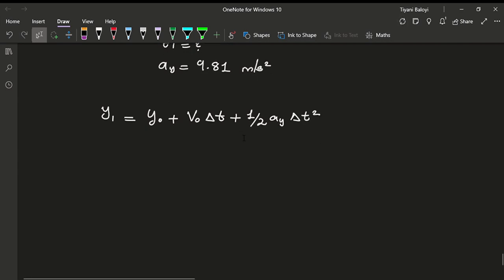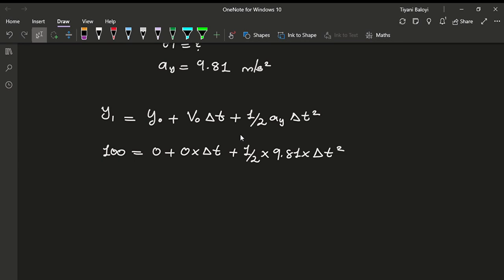So we know what this is. That's 100, and then we have 0 plus 0 times the change in t, because we're looking for the change in t, plus 1 over 2 multiplied by 9.81 multiplied by the change in t squared.